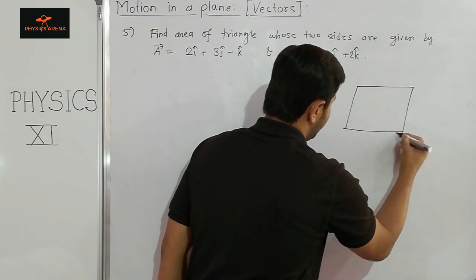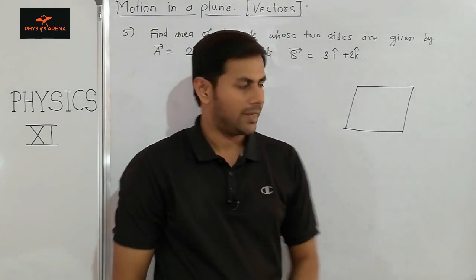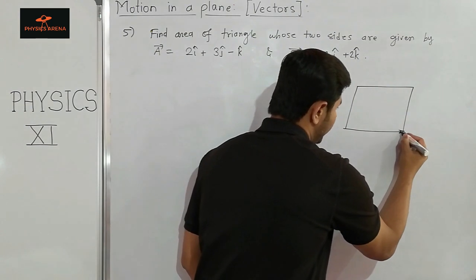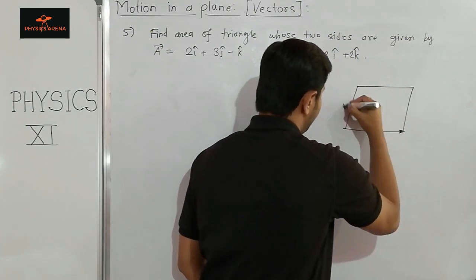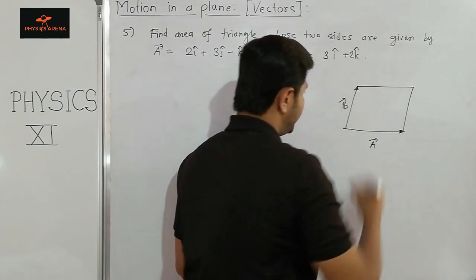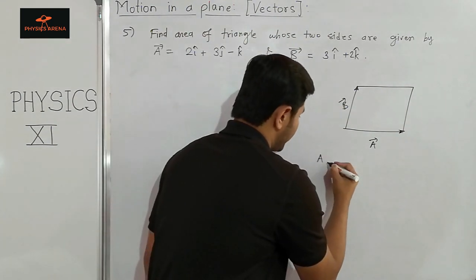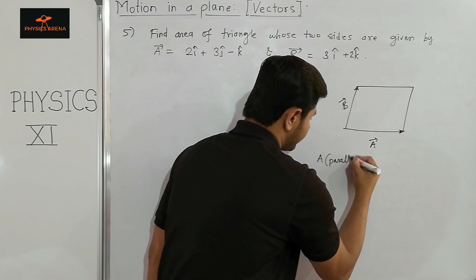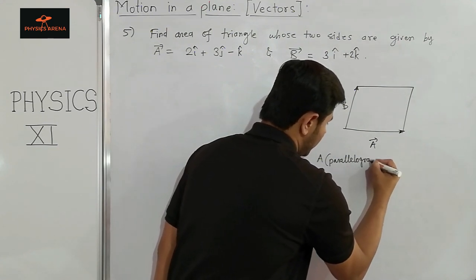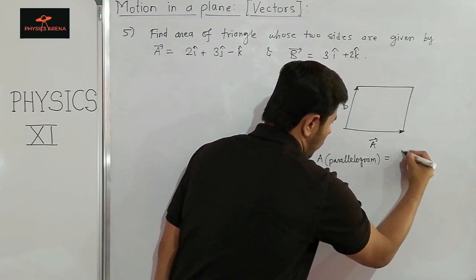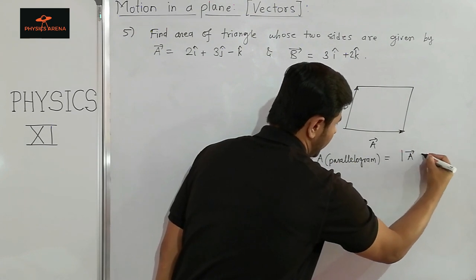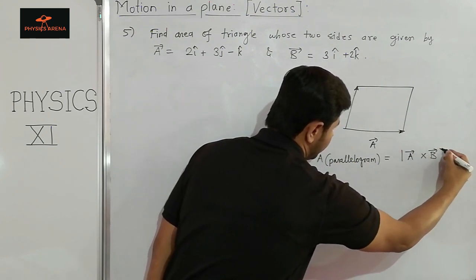Recall from the last lecture that if we have these two vectors a bar and b bar given by two sides of a parallelogram, then the area of the parallelogram equals the magnitude of the vector product of a bar and b bar.